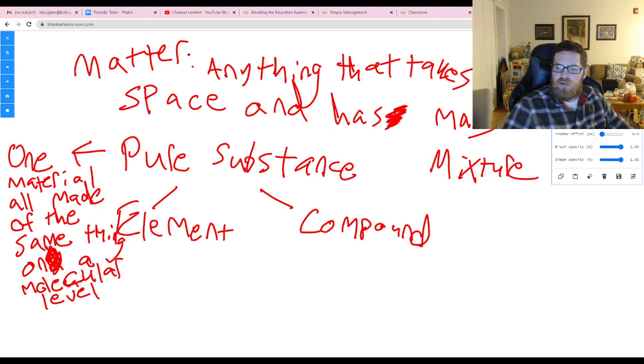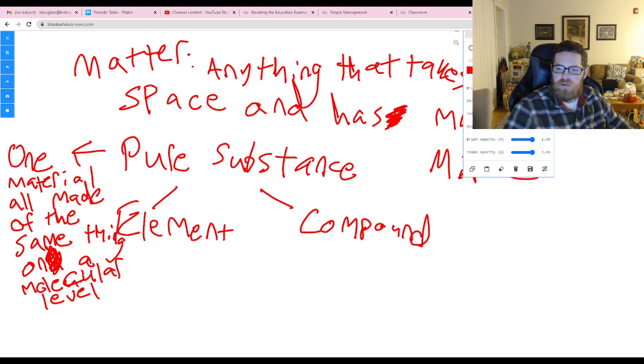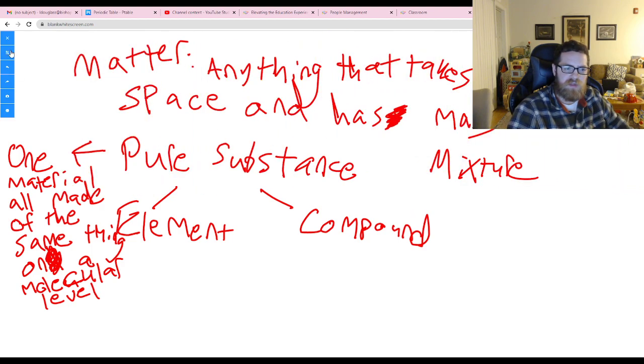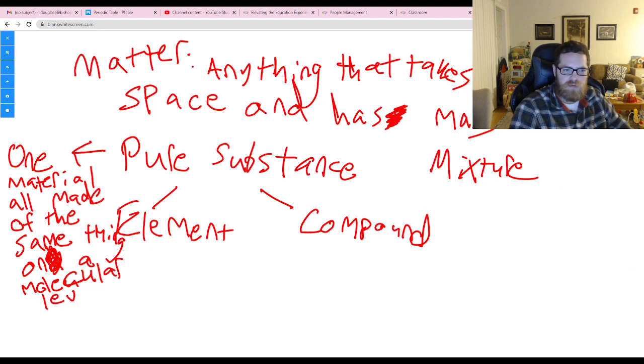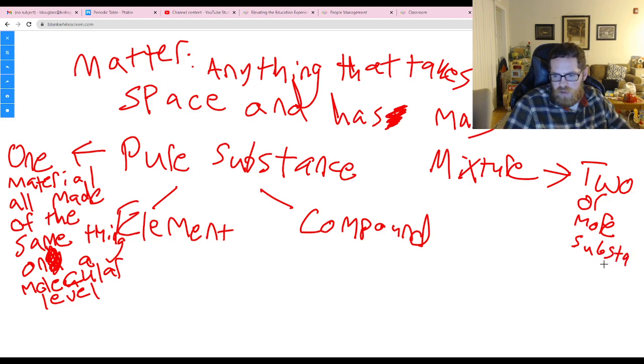Whereas a mixture, actually let me hide that, there we go. A mixture is two or more substances.